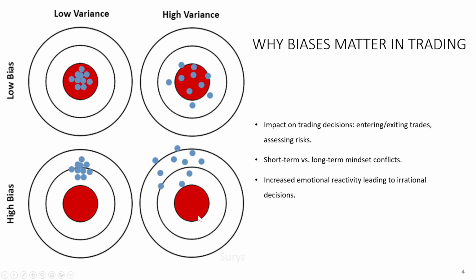If you have a high bias about something and you have a high variance as well, this is essentially the misses you make, right? The best place to be in your trading is when you have a low variance in your strategy and you have a low bias towards the outcome, right? This is the best place. If you have high variance and very high bias, this is the accuracy of your decisions.